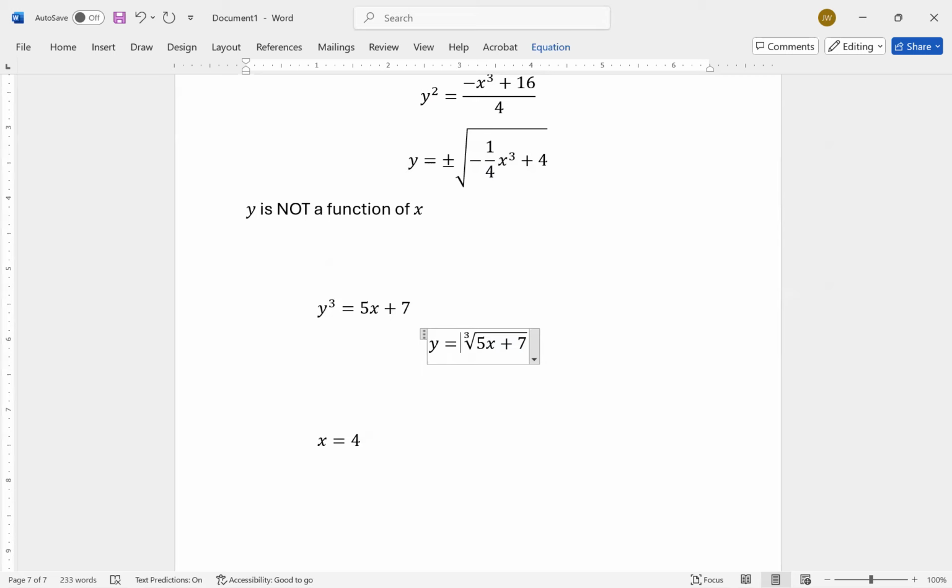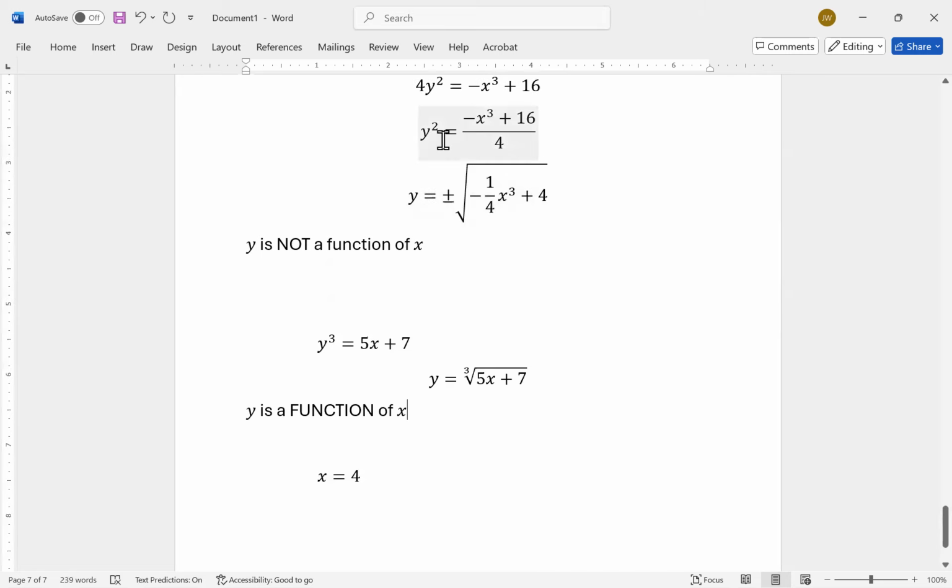If I take a positive times a positive times a positive, I get a positive. So with cube root, I don't need a plus minus there. And therefore, y is a single expression in terms of x. So y is a function of x in this case.